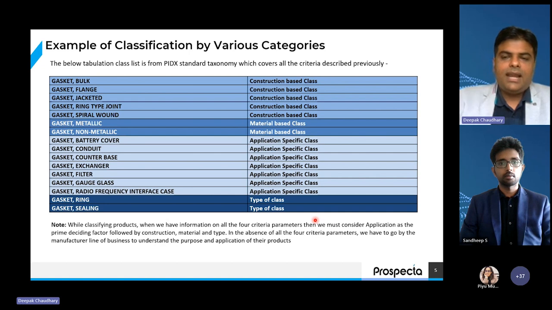So you need to give the priority to the application, followed by the construction material and type, right? And in case you don't have any of such information, then we need to see what line of business the manufacturer is in, and based on that we can do the classification. So this is one example of the different categories of classification.